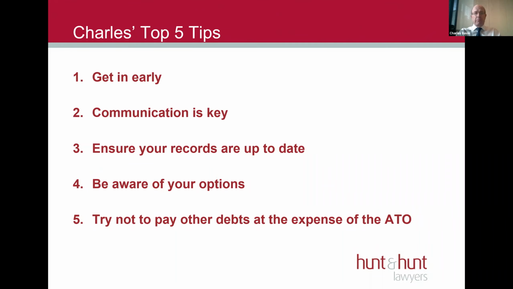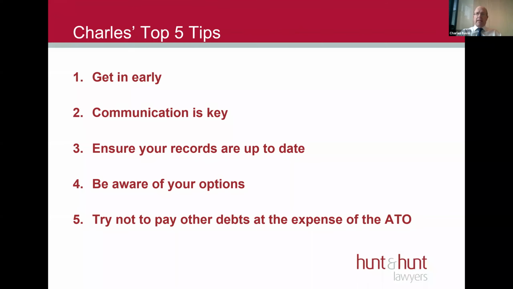The second point there is communication. That's tied in with the first point, obviously, but as far as the ATO is concerned, a debtor who communicates is one who is opting into the system. If the ATO can't get in touch with you, if you're late in your payments, or if you haven't communicated with them to try and do something about it, then the ATO takes the view that you're opting out of the system.